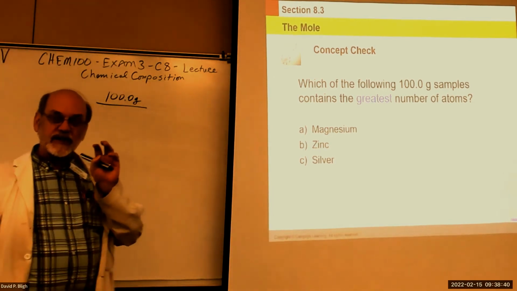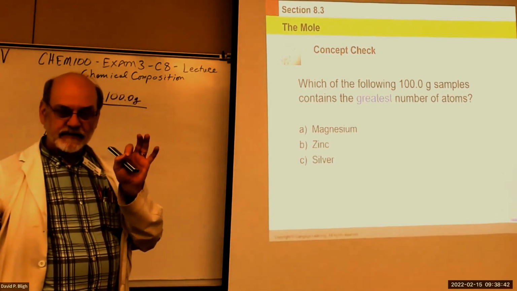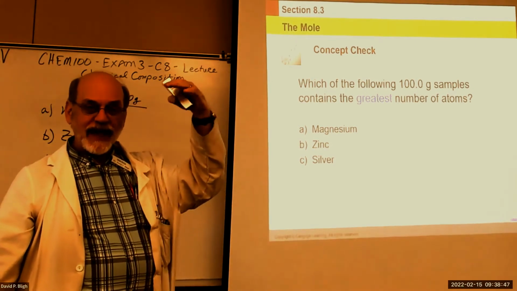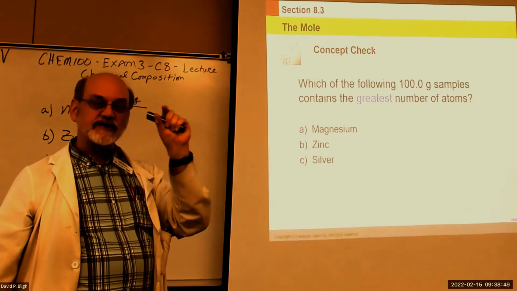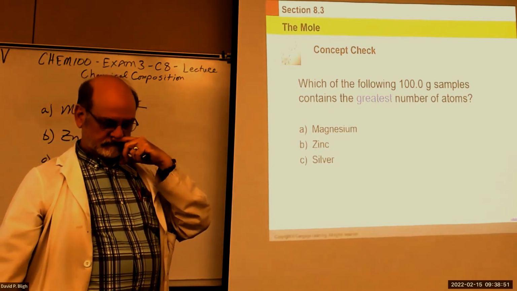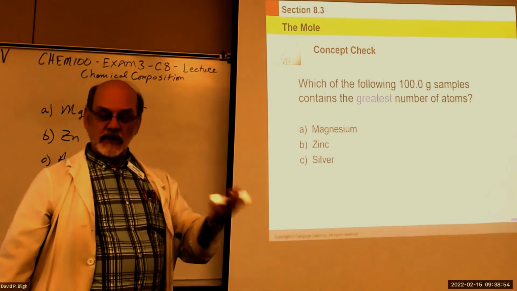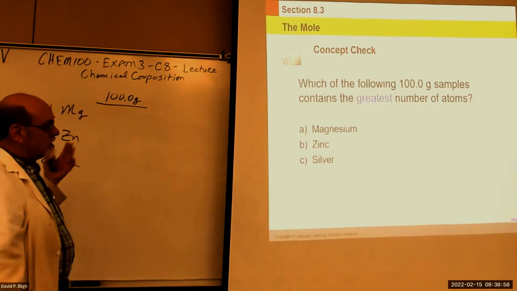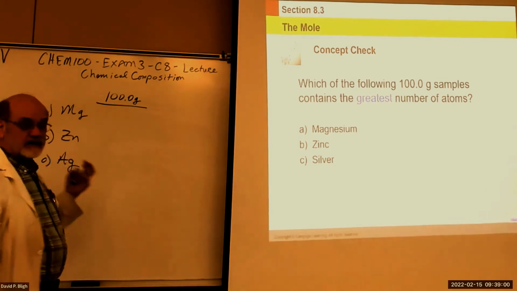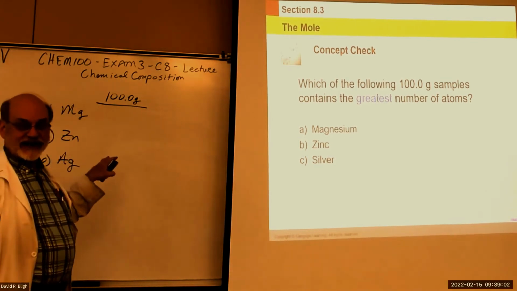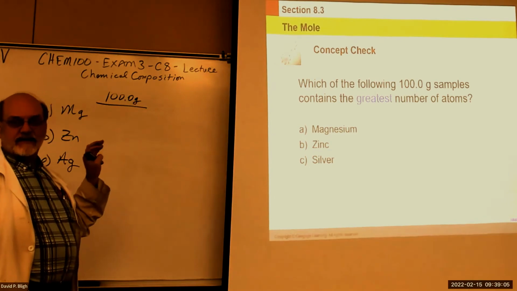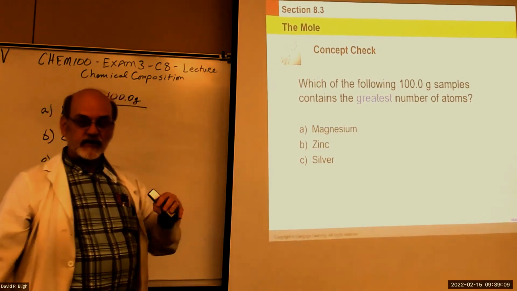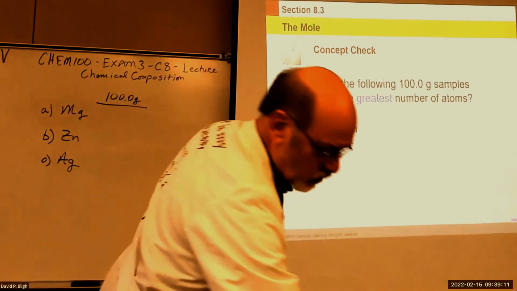The relationship here is molar mass. Because if you have a large molar mass, a large mass for each atom, then it takes fewer of them to make 100 grams. Right? So the smallest number is going to be the largest atom. And the largest number will be the smallest atom. So all we need to do is find out what are the molar masses of each one.